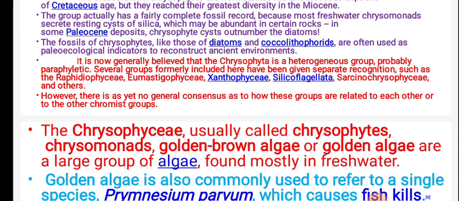Then as the Chrysophyta is a heterogeneous group, it is probably a paraphyletic group. So it shows recognition with the Raphidophyceae, Eustigmatophyceae, Xanthophyceae and Silicoflagellata. So all these show the same characteristics.